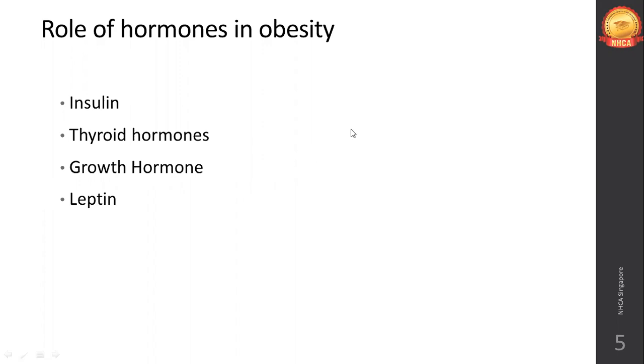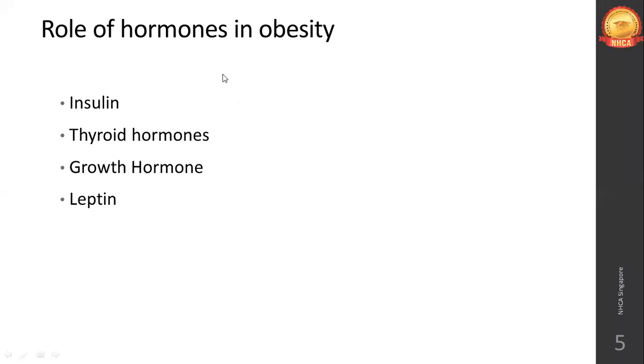Next, coming to the role of hormones. First is insulin. Insulin is usually associated with insulin resistance. In previous classes, I have discussed insulin resistance. Does anyone remember what insulin resistance is?